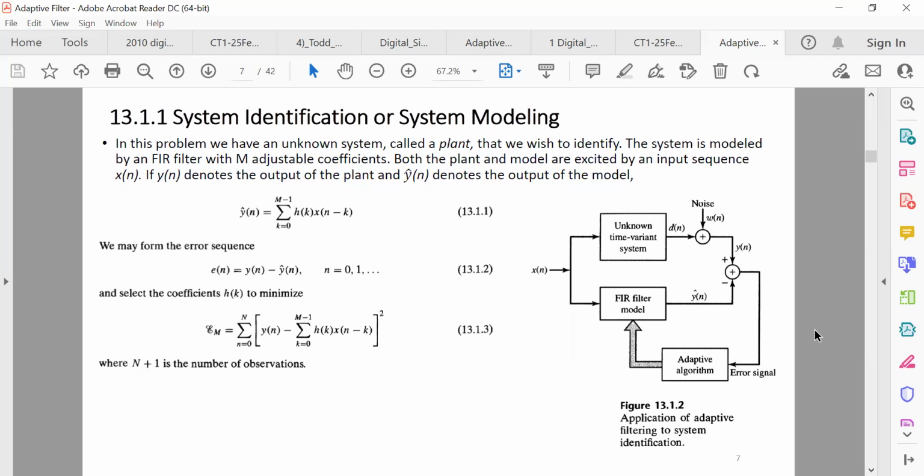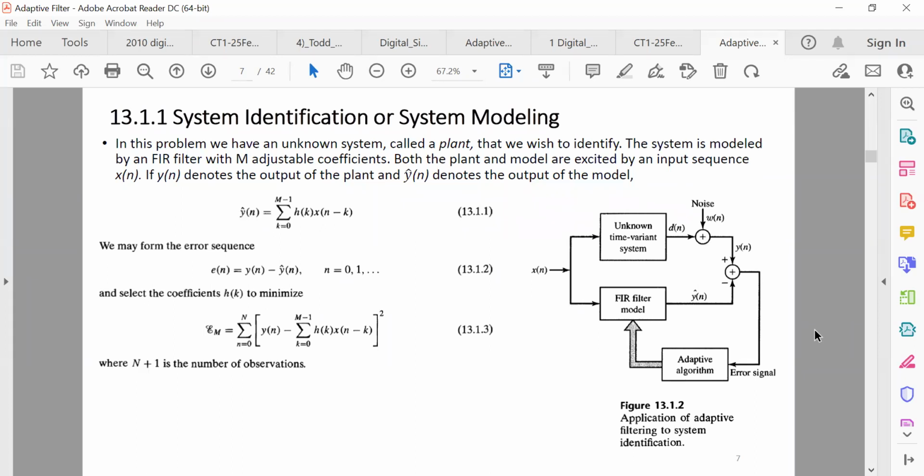Okay, so how we can understand a system by using another known system? Like I have a system, I do not know what is the condition of it, what is the value of its coefficients.